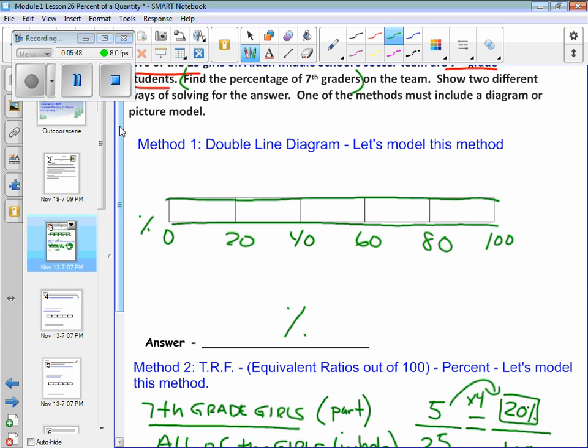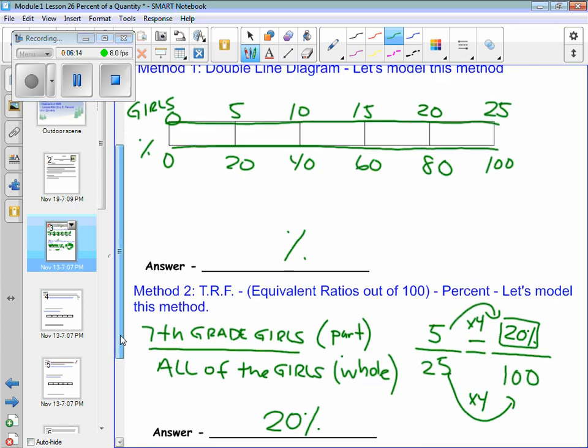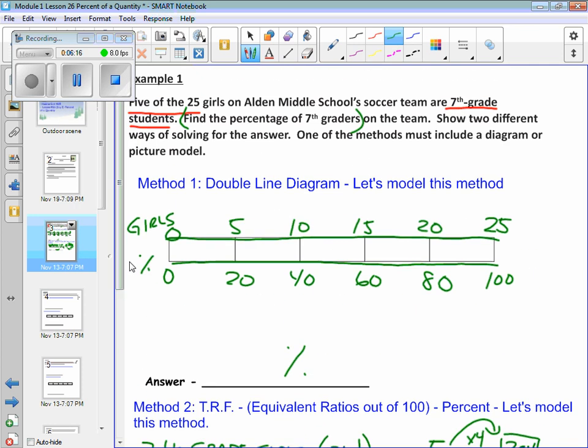The top part is representing my girls. We start at 0, and our whole is 25 girls. What do I have to count by? Yeah, just say it. 5. All right, count by 5s. 5, 10, 15, 20. Pretend that we never did TRF. Pretend this is all you're doing.